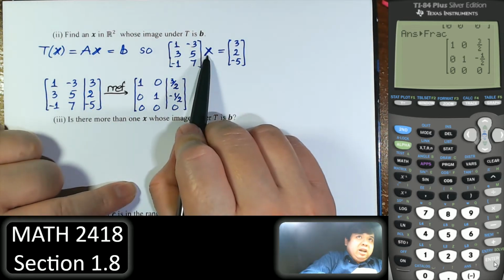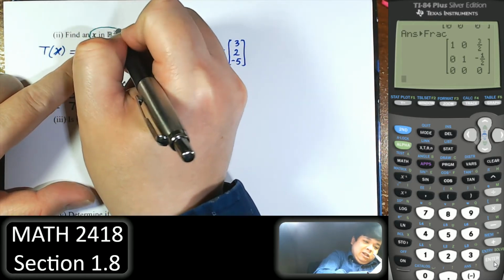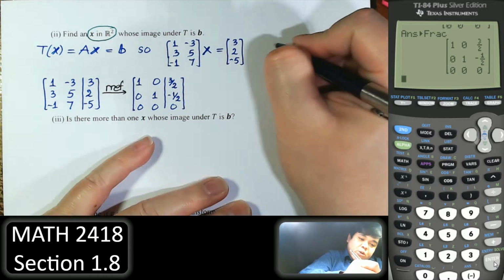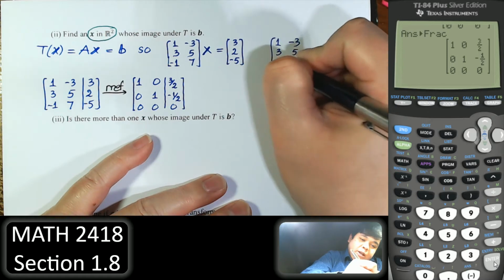Now, remember the x here. So x is in R2, right? So if we want to write x as a vector, we have the matrix 1, negative 3, 3 and 5, negative 1, 7.